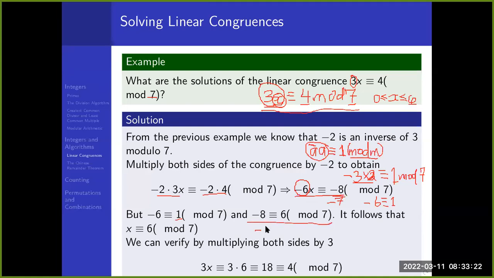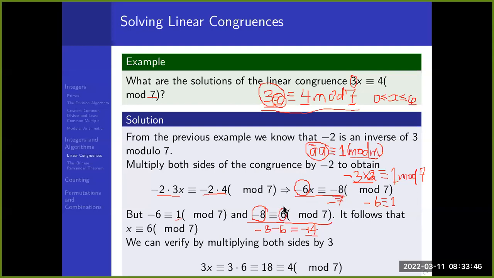If you have -8 minus 6, this will be equal to -14, which is divisible by 7. So -8 is congruent to 6 because the difference between -8 and 6 is 14, which is divisible by 7. So that means I can replace -8 by any other integer that is congruent to it modulo 7.